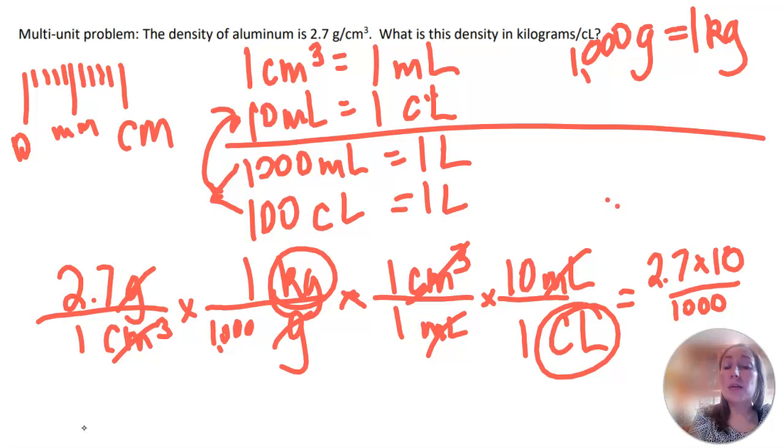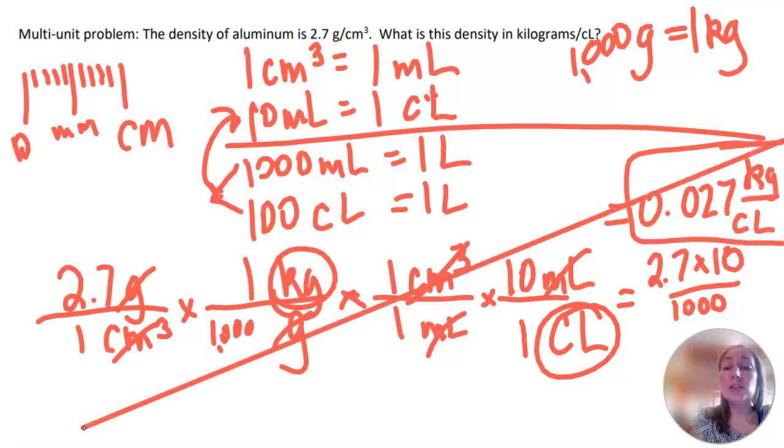So we've got 0.027, and it's supposed to be kilograms per centiliter. If you want to check sig figs, the sig figs were 2 in the beginning, and so we have 2 in the end.